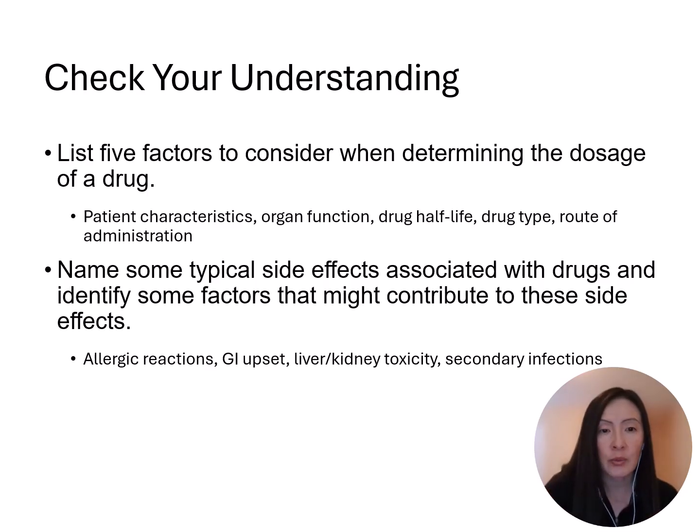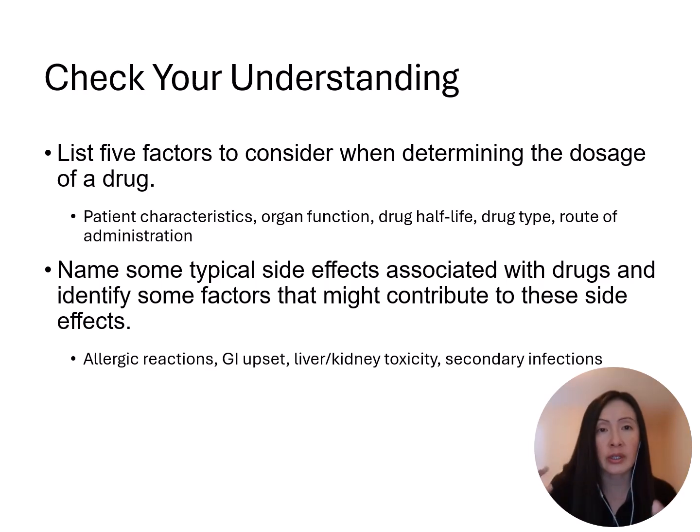For the second one, name some typical side effects associated with drugs and identify some factors that might contribute to these side effects. So typical side effects include things like allergic reactions, upsetting the gastrointestinal system, liver or kidney toxicity, and potentially secondary infections. This can be due to high or prolonged drug levels, especially if the drug has a long half-life.